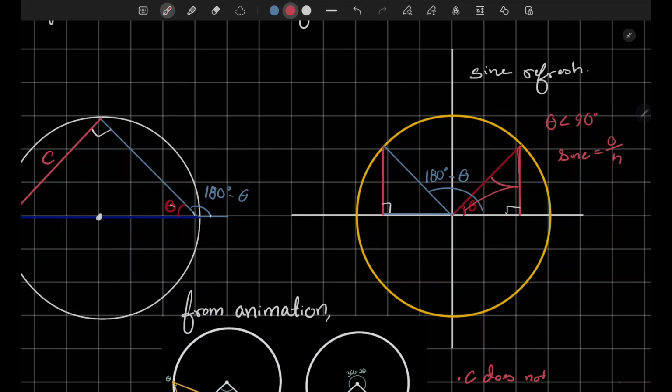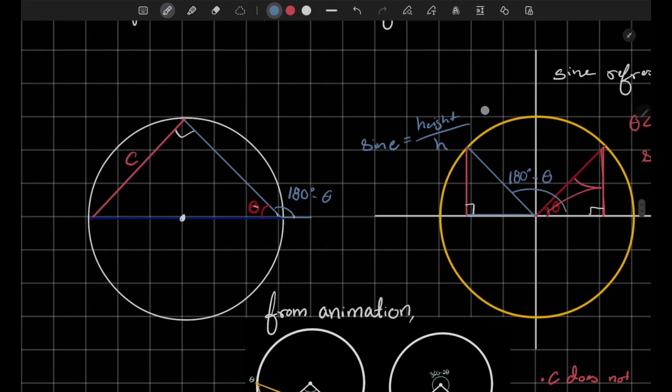But then when theta becomes greater than 90, we're not really taking some sort of opposite side here. Instead, we're looking at the height of the triangle formed. So perhaps it's just better in general to say it's height. But oh well. So height over hypotenuse, which in this case is the radius. So that's why it's different.